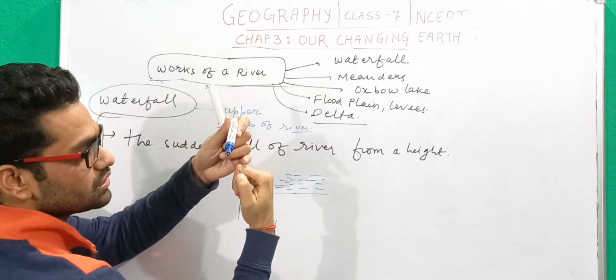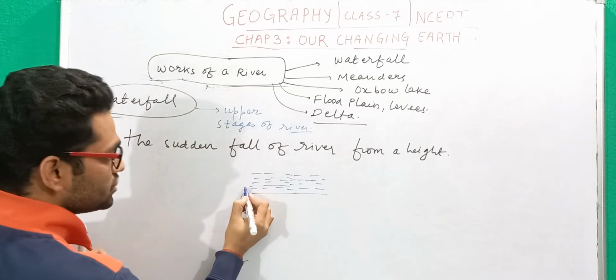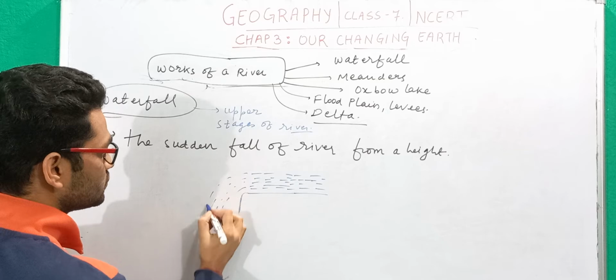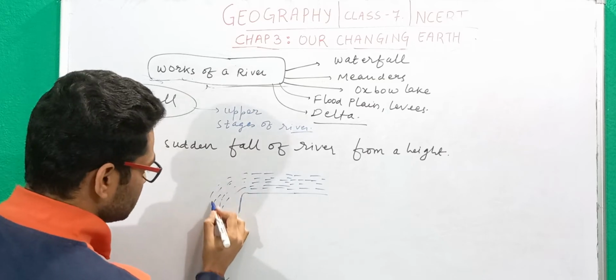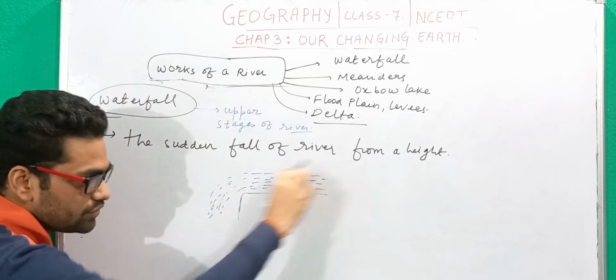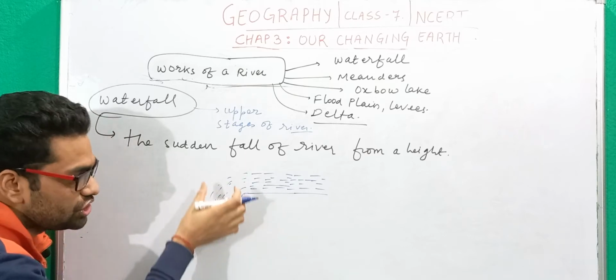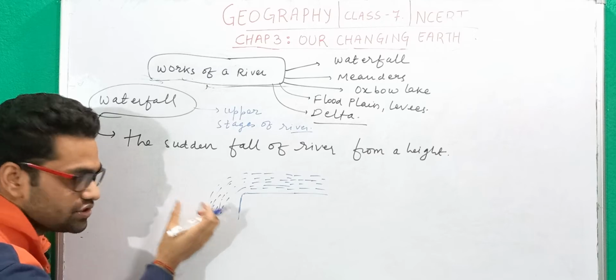So what will happen, the river will jump from here. It is like a jumping of the river. So water will fall like this, and when the water flowing from here finds a steep slope of rock, it will have great energy with which it will fall.